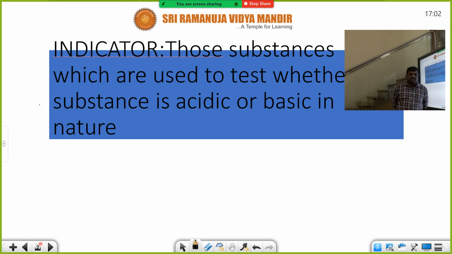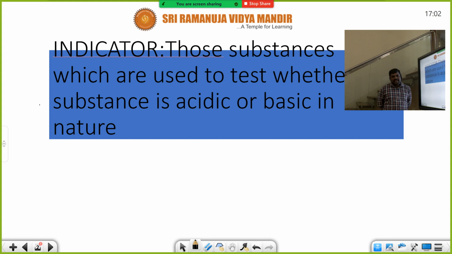Natural indicators, for example, turmeric. This is used in our daily life in the kitchen. With a turmeric stain, when 1 or 2 drops of acid are added, the color is not changed, it remains the same. When 2 or 3 drops of basic solution are added to turmeric paper, it gives the red color, a brownish red.